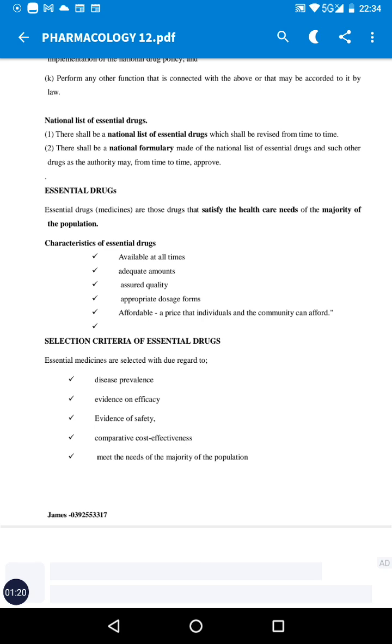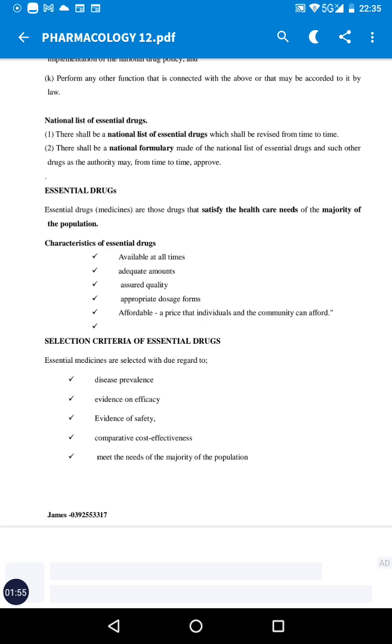Essential drugs are basically those drugs that are easily accessible by the people, and most importantly, they satisfy the needs of the majority of the population. Now when you get back, you can realize that there are some drugs that are not really demanded by the majority.